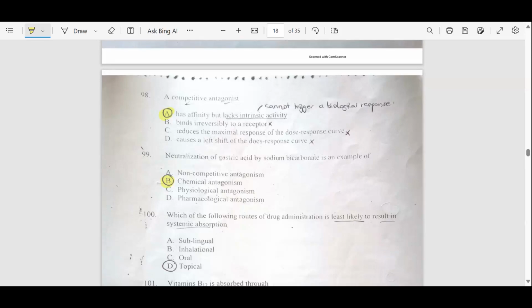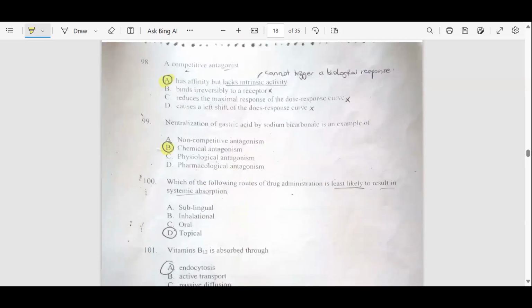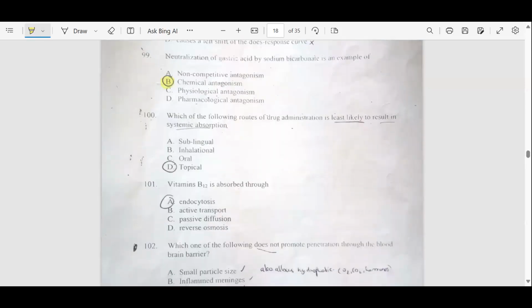So she was also answering number 98: a competitive antagonist has affinity but lacks intrinsic activity. Number 99 has also been answered from the brief summary: neutralization of gastric acid by sodium bicarbonate is an example of chemical antagonism.